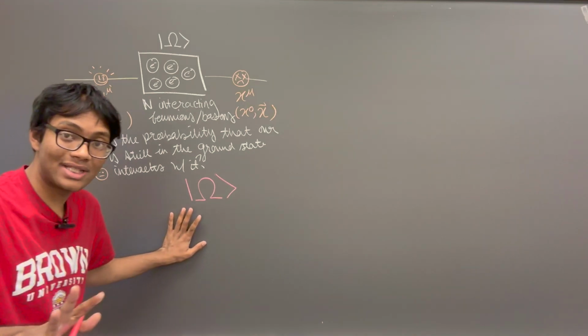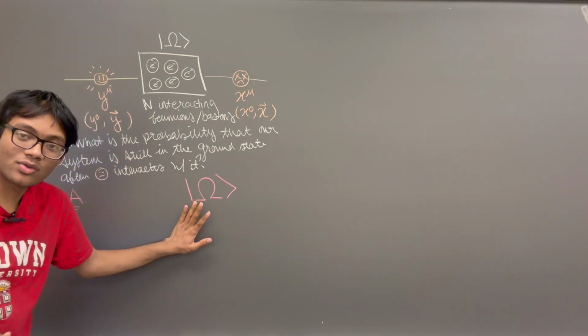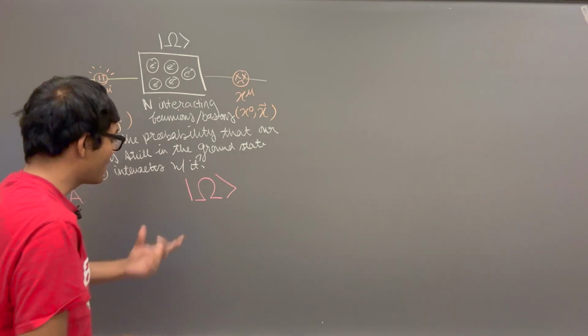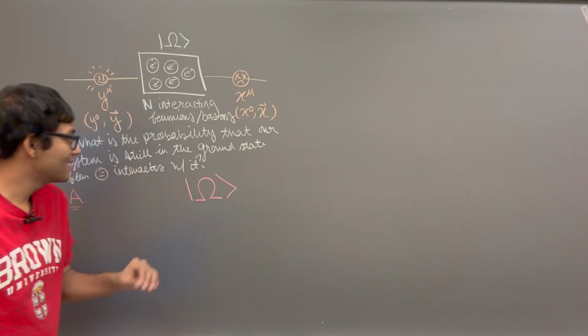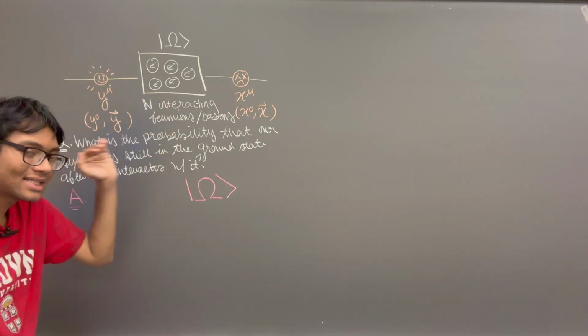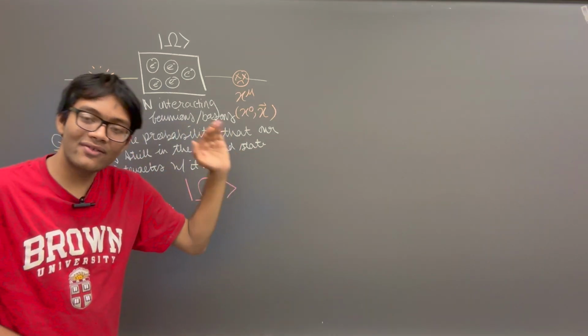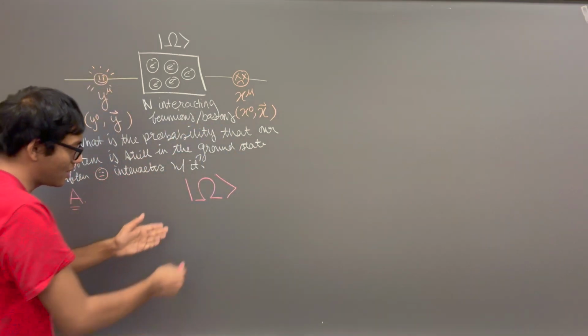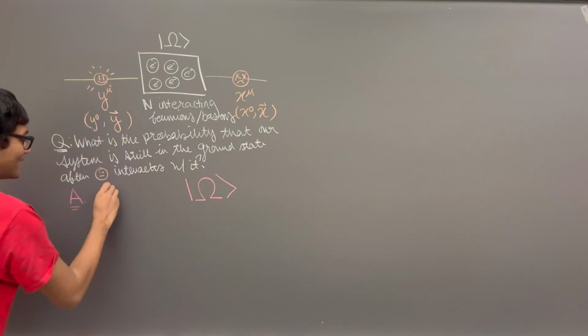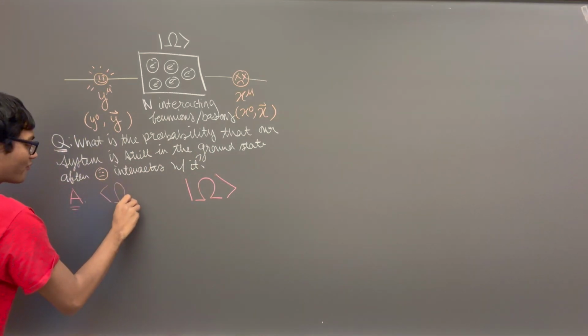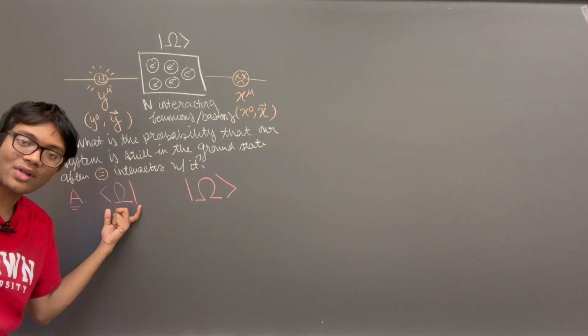You should know these words if you've taken quantum mechanics before, but essentially what we're trying to find is the probability that our system stays in the ground state even after the interaction. So we take our initial state and we take the inner product of that with our final state, which is still in the ground state, okay?